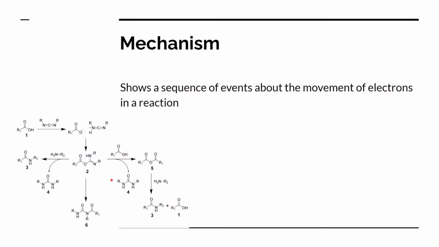So it's all about the movements of the electrons in this reaction to get the products. And it is key that we know that curved and curled arrows are the ones that show this electron movement. We can't use straight arrows, we have to use curved arrows.